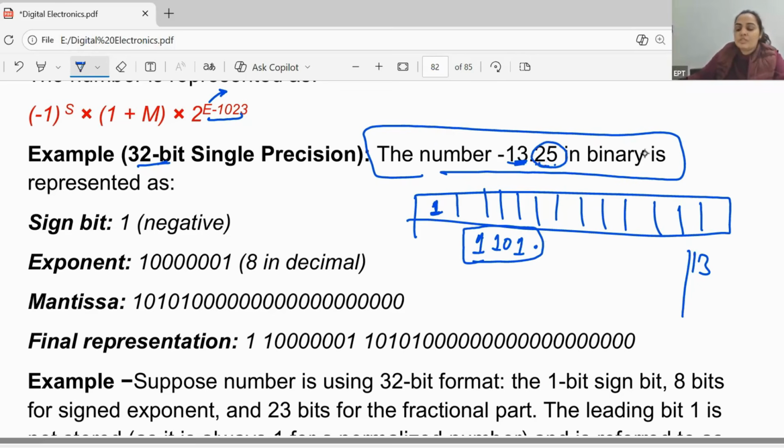How will you represent .25? 0.25 into 2 is 0.50, so I write 0 here. Then 0.50 multiplied by 2 is 1. So this is 0, 1.